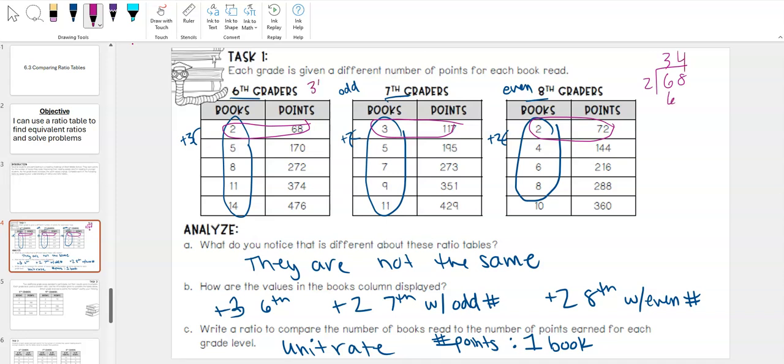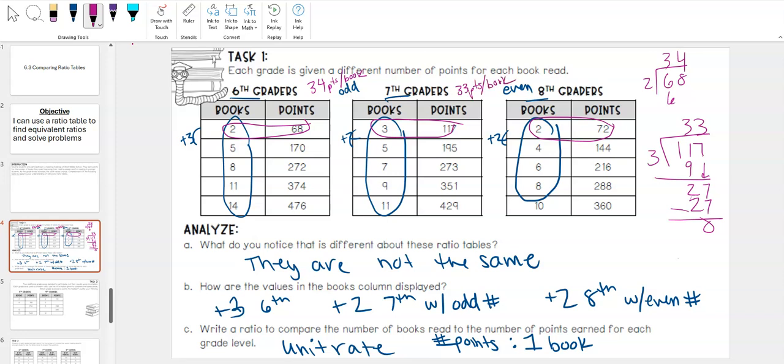So 6th graders are 34 points per book. For 7th graders, it's 117 divided by 3. This is going to go in 3 times, 9, 10, 11, 7, 8, 9. So that's another 3.